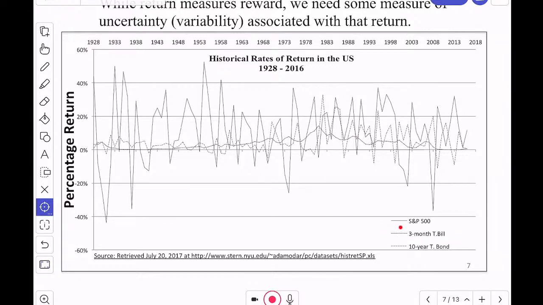So 3-month Treasury bills are discount bonds. You buy it in January, and by March, end of March, you get the face value of the bond. The bond matures. And those issues set a rate in the market, because all other returns, all other assets are compared to this low-risk rate.